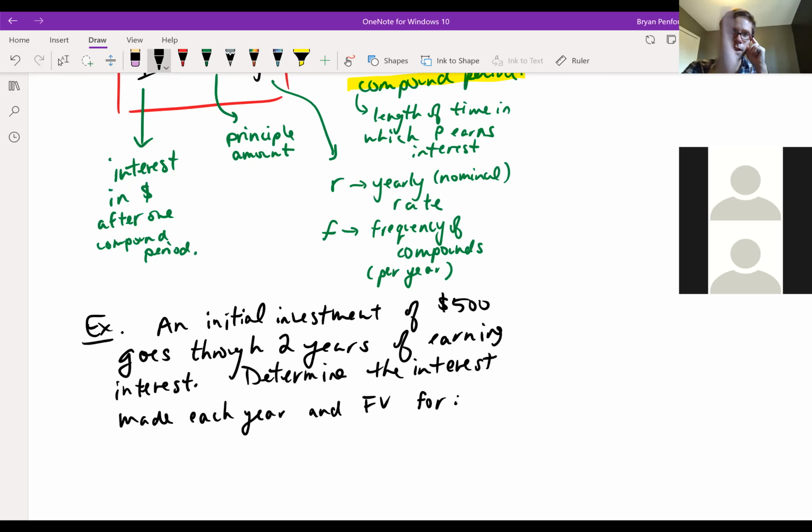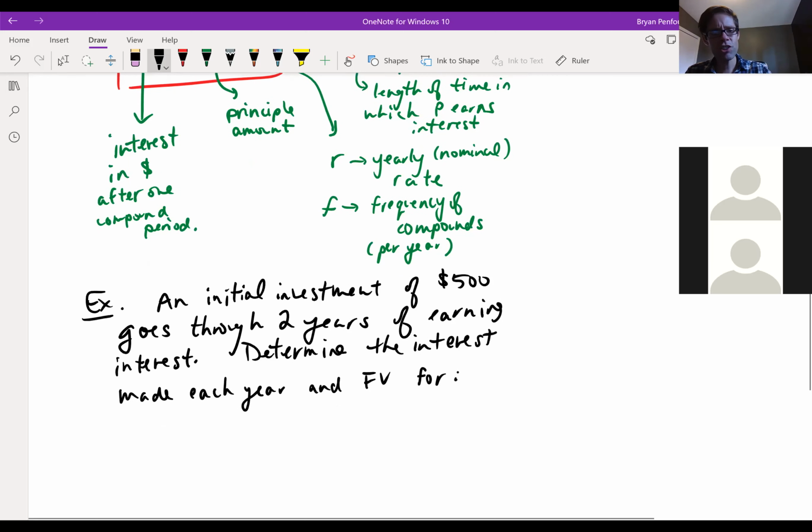And what we're going to do is go through the procedure. It's going to be a bit laborious for simple interest because we've done it already. But we're going to go through the procedure of actually going through 2 years worth of earning interest, calculating a future value, and just seeing how simple interest is just slightly different from compound interest.